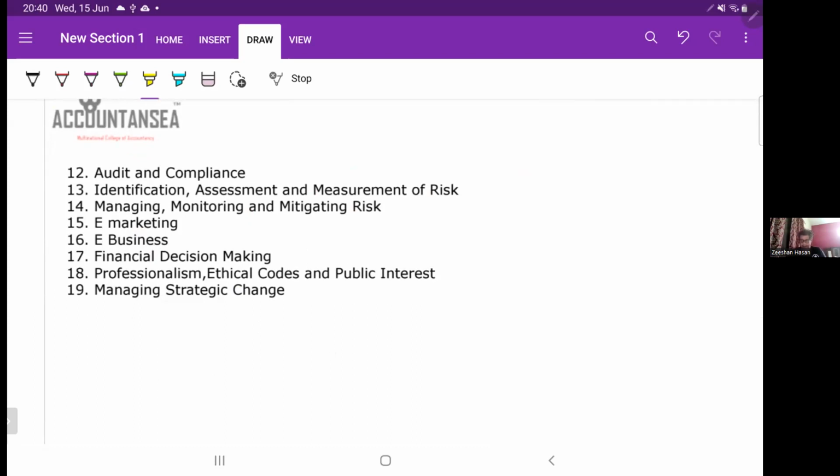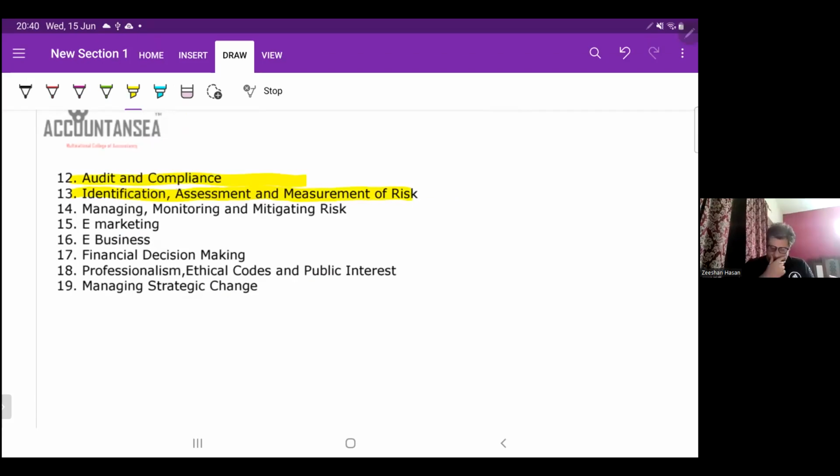After doing that, we will move to our 12th area, which is identification, assessment, and measurement of risk. As far as the identification, assessment, and measurement of risk is concerned, how to monitor the risk of the organization, how to manage that.